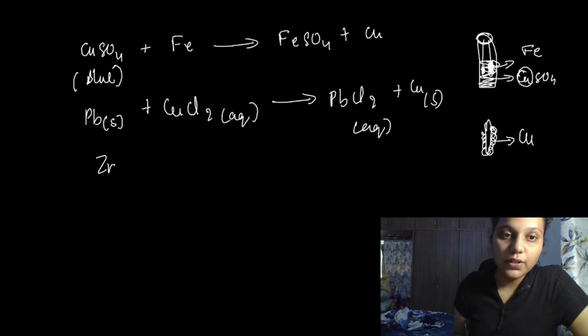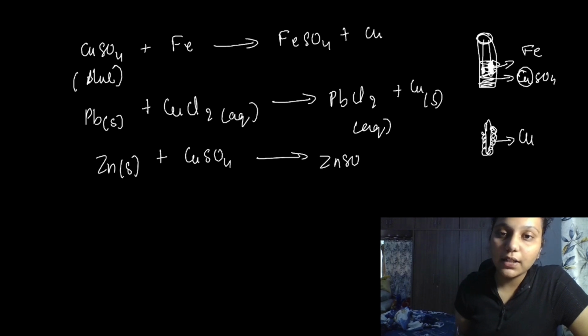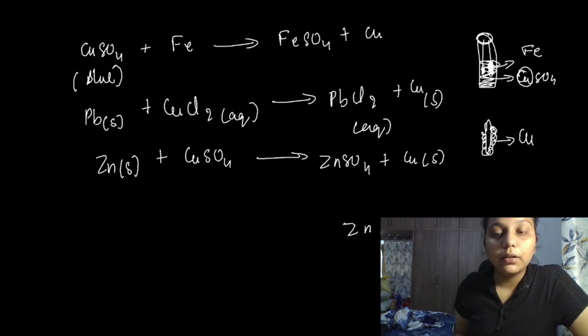Fine. So zinc is a solid, which we will react with CuSO4. Then we will get ZnSO4 plus Cu separated, because zinc is much more reactive than copper. So zinc and lead are much more reactive than copper.